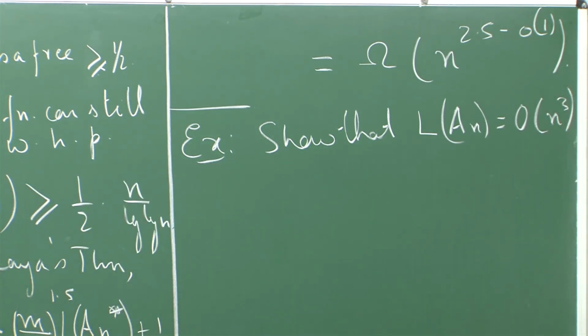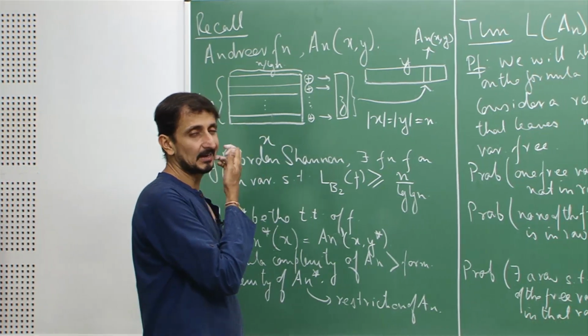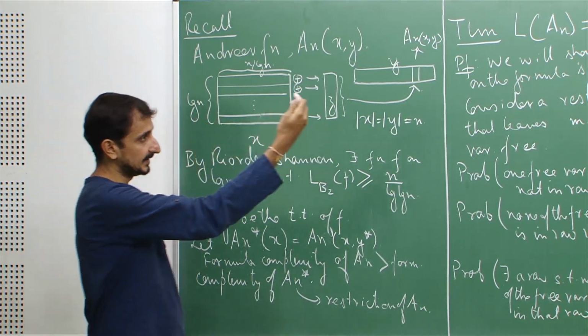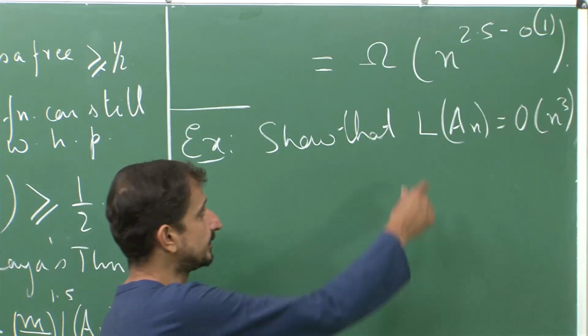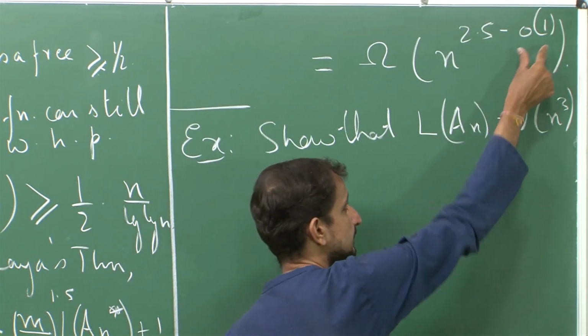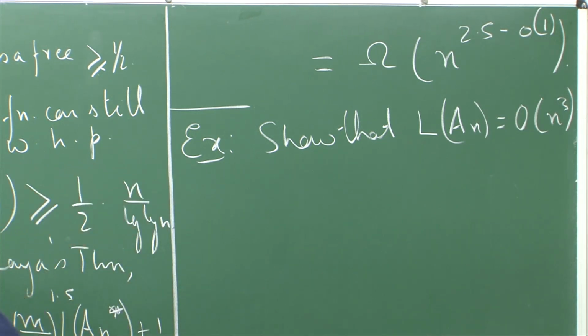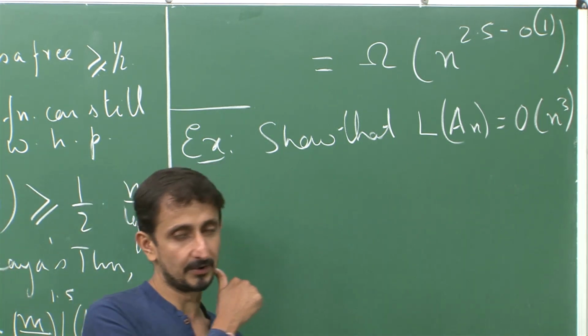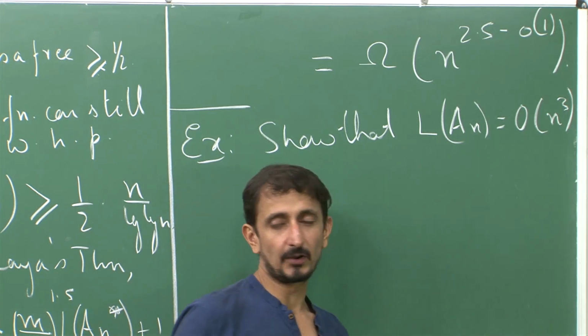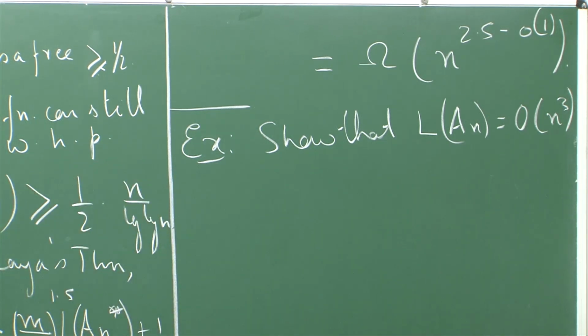In fact, if you construct the formula a little cleverly, you can also get an upper bound of n to the power 2.5. So, basically this n to the power 2.5 is in some sense a tight lower bound, modulo of course this small o of 1 factor. But n cube is quite easy to construct, so you can try that.